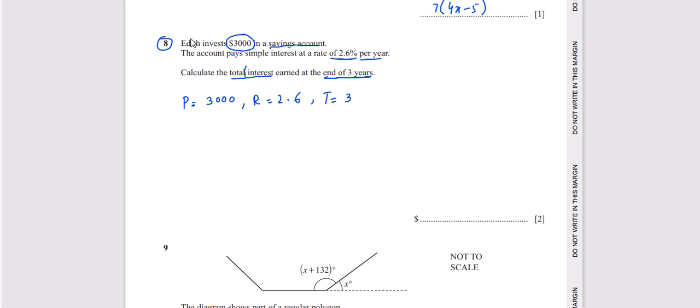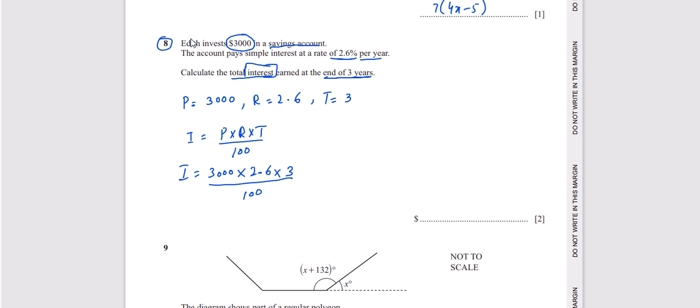So now we find the interest. The formula of interest: I is equal to P multiplied by R multiplied by T divided by 100. So I is equal to P, which is 3000, multiplied by R, which is 2.6, multiplied by T, which is 3, divided by 100.